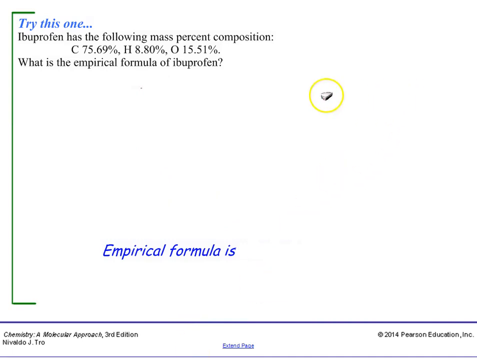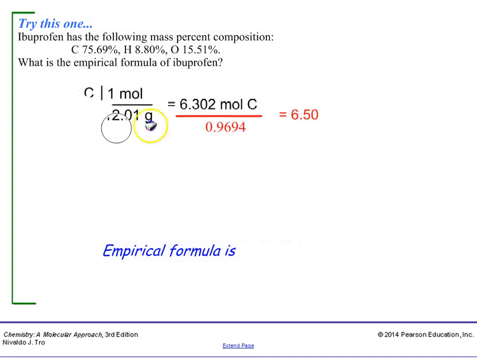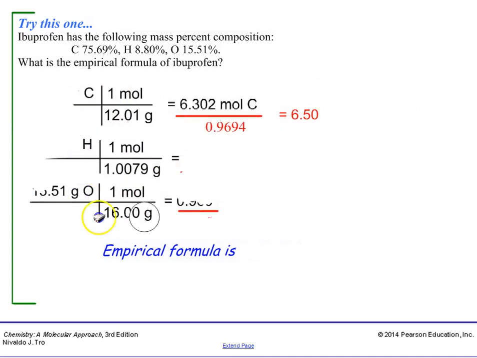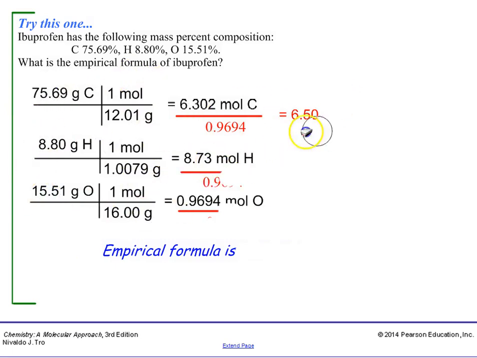Okay, let's take a look at what we did. First thing I did was convert everything to moles. And I ended up with 6.302 moles of carbon, 8.73 moles of hydrogen, and less than a mole of oxygen.